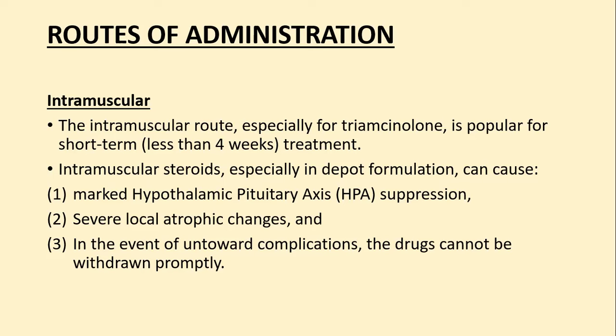And this can cause marked hypothalamic pituitary suppression, severe local atrophic changes, and untoward complications. The drug cannot be withdrawn promptly. So this is the disadvantage of intramuscular injection compared to the oral dose, that you cannot retrieve the steroid which has already been given.